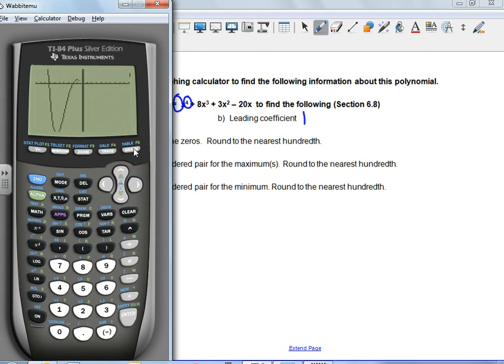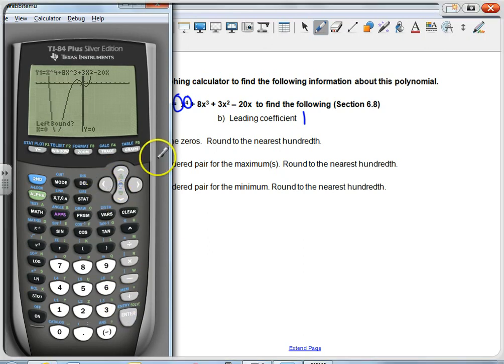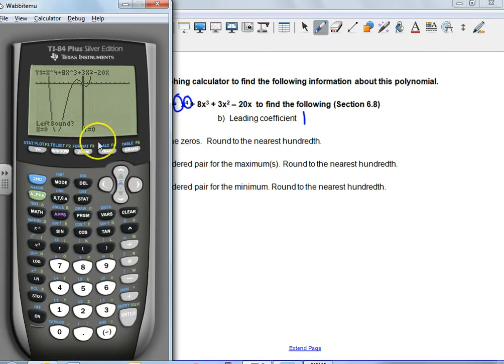Alright, now I'm going to use my calculator to find one of the x-intercepts. So it says go left bound, so I'm going to find this x-intercept right here. I'm going to go a little bit to the left, and then a little bit to the right, which brings me above the x-axis, and then guess, hit enter one last time, and one of your zeros is negative 2.12.